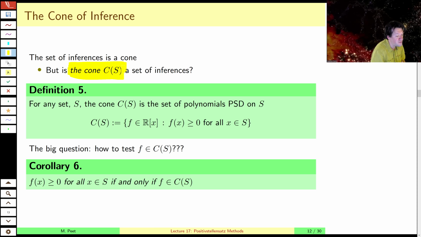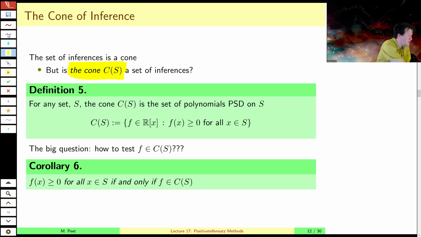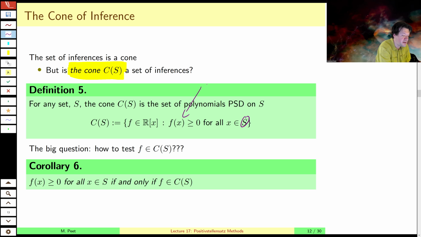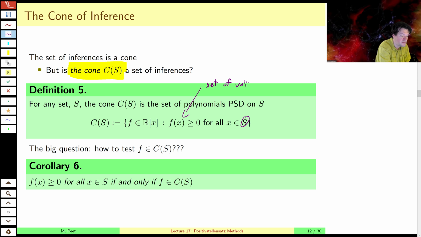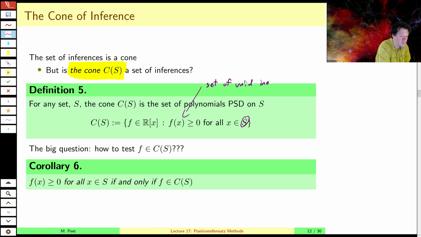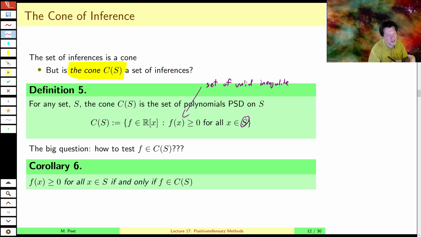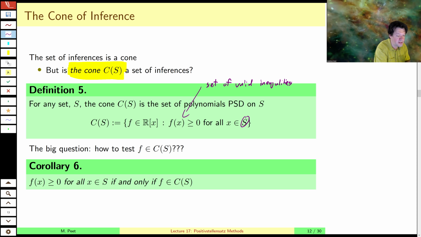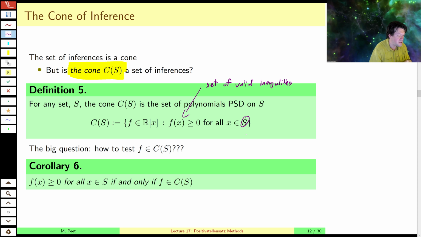So this is a set of valid inequalities. It's the cone of valid inequalities on F, right? Or sorry, on S. Right? This is the set of valid inequalities. So really, this definition is nothing more than the same definition of valid inequality, but we take the set of valid inequalities.